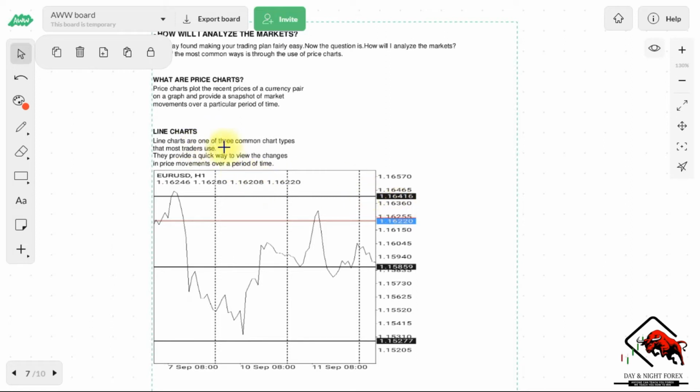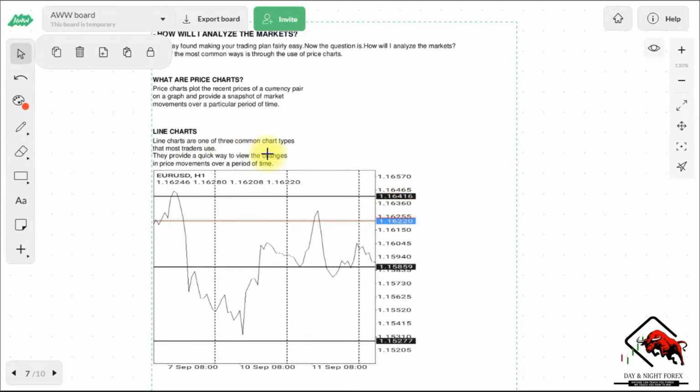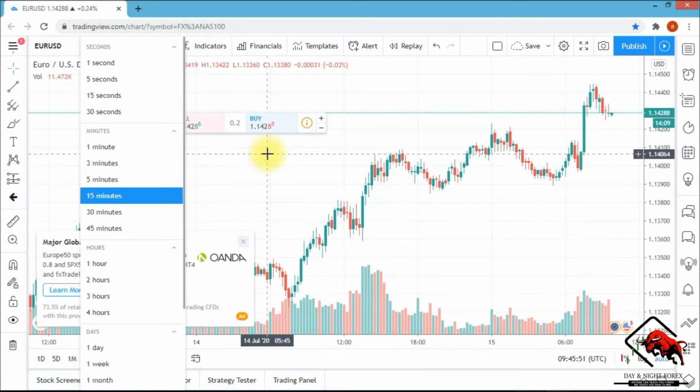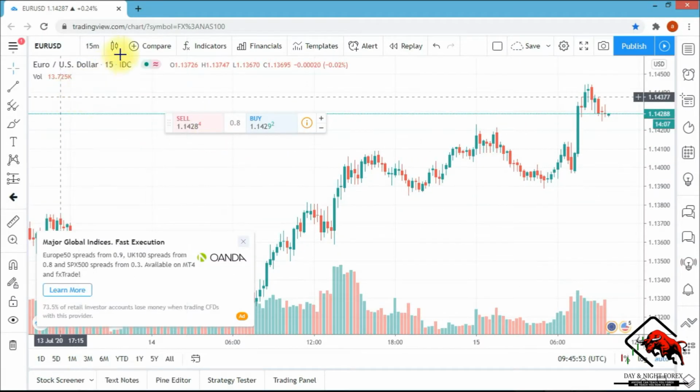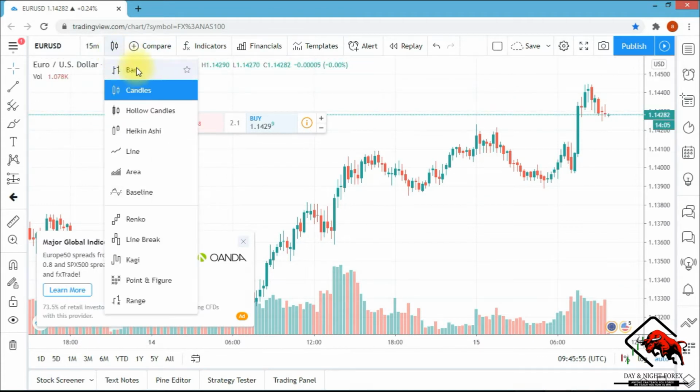Right now we have three commonly used types of charts: the line chart, the bar chart, and the candlestick chart. There's actually more than that. If I take you back to TradingView, you can see right here, if I click on here, we have a bunch of different types of charts.